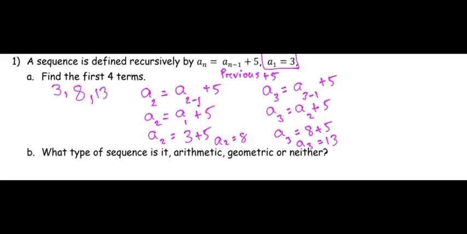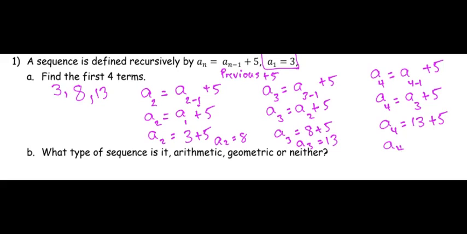And now the last term, a sub 4, is equal to a sub 4 minus 1 plus 5. I know that 4 minus 1 is 3. That means I need to add 5 to the third term. The third term is 13 plus 5. That means 18. And that's the fourth term.